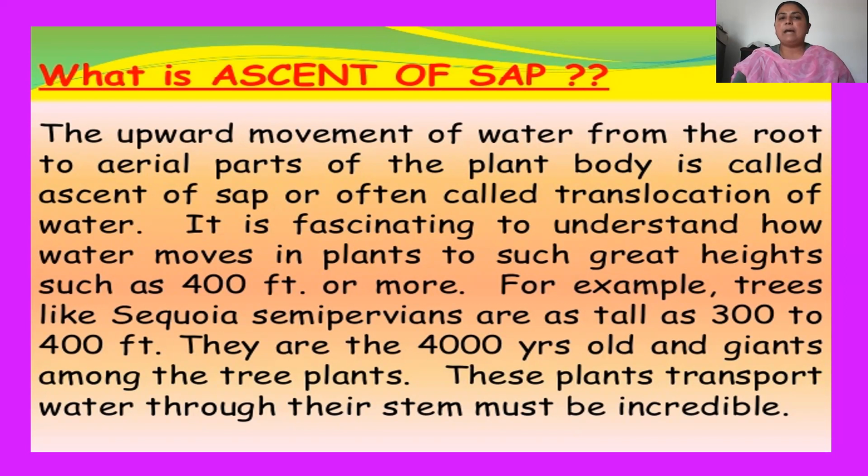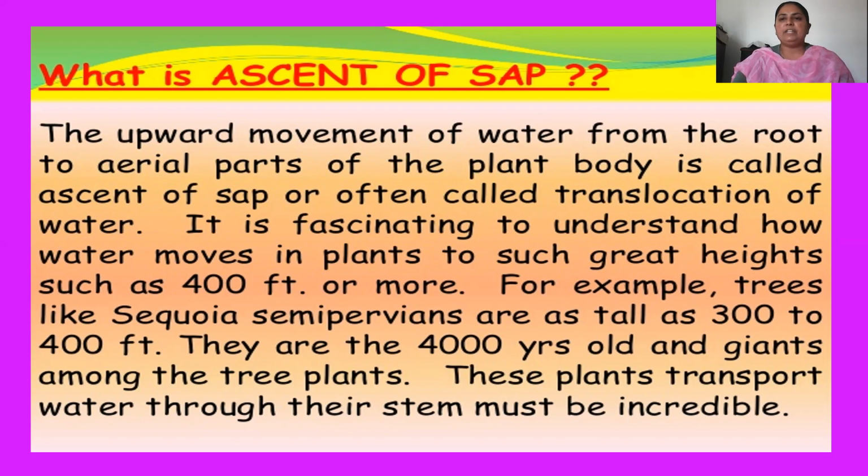Ascent of sap means the upward movement of water from the roots to the aerial parts of the plant body. This is called translocation of water, or you can say ascent of sap. I have already explained that the roots, present at the bottom of the plant, collect water and minerals from the soil.